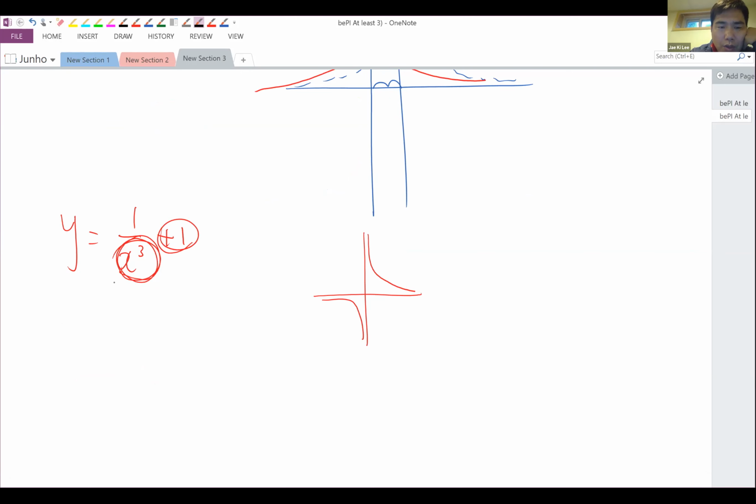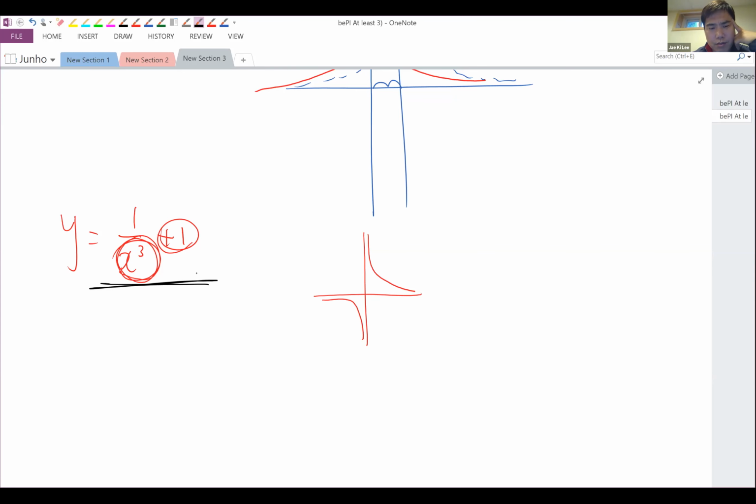So how can you guess this graph? It never gets close to the one on the y-axis.